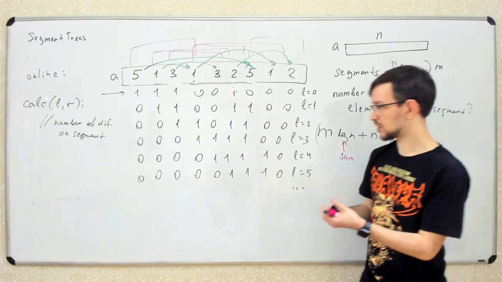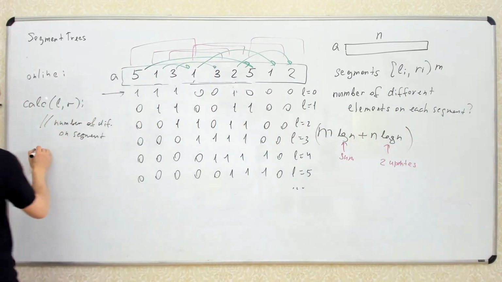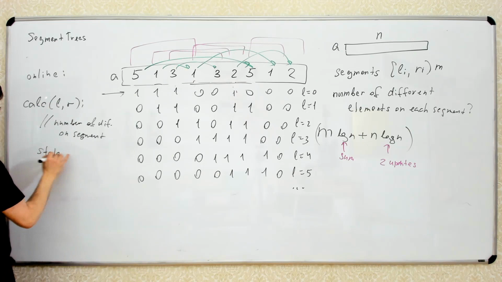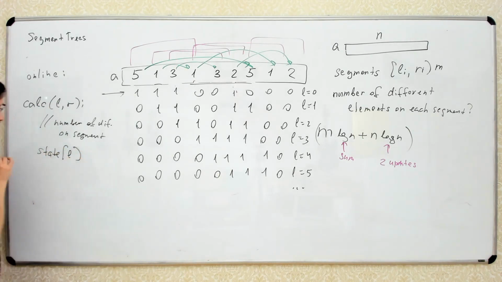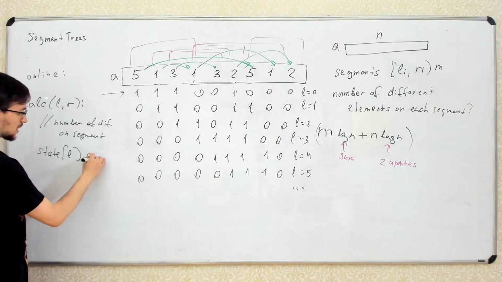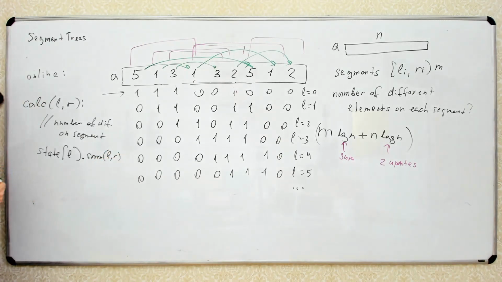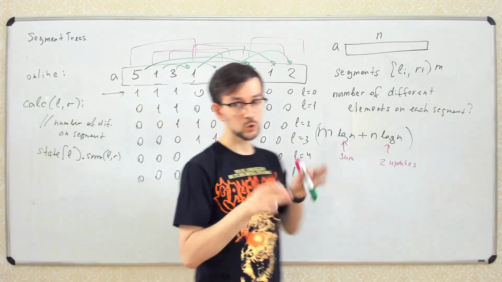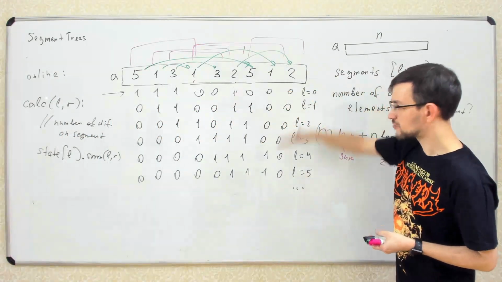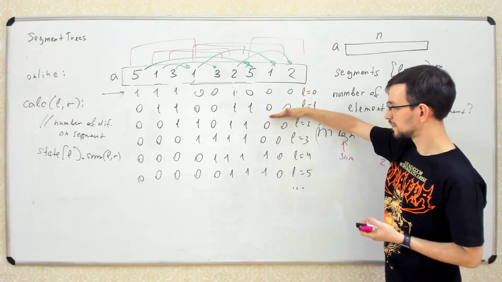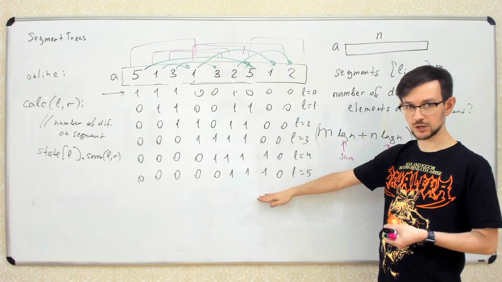Now we will have the state of segment tree in position L and call the sum function in this segment tree. So what we need is an array of segment trees. For each state, we will have a segment tree.